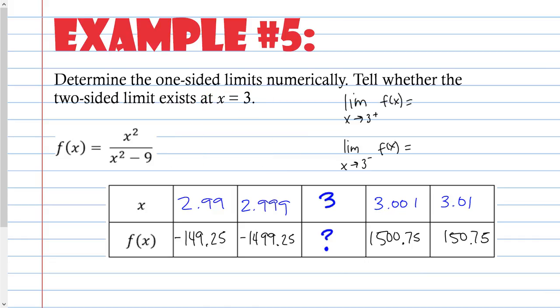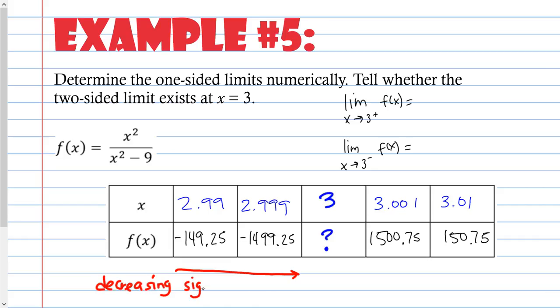Alright, so I plugged in my values, and from the left, I see that I have negative 149, but then I end up with negative 1,499. So these negative numbers are decreasing significantly. Now don't get confused. Remember, with negative numbers, the bigger they are, the smaller they actually are. So decreasing significantly.